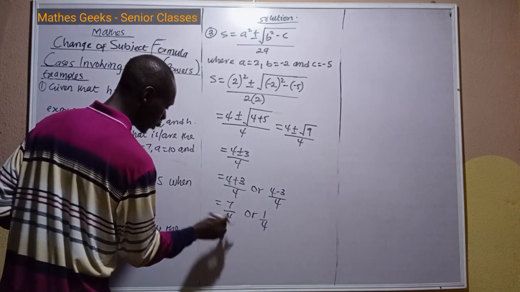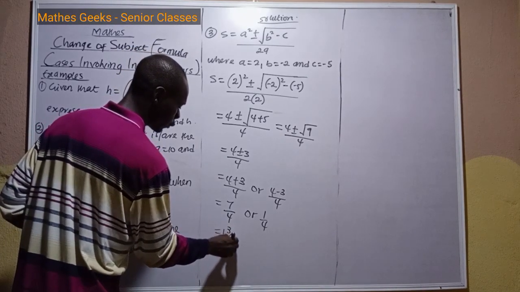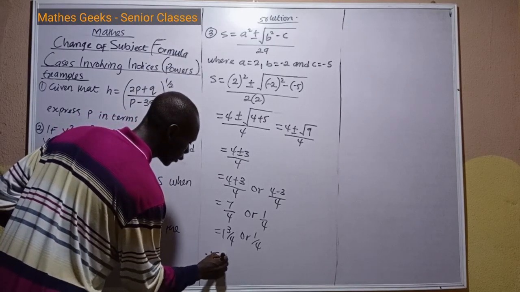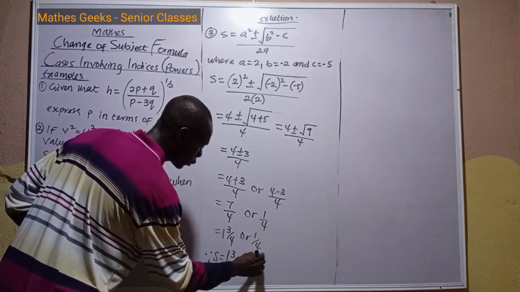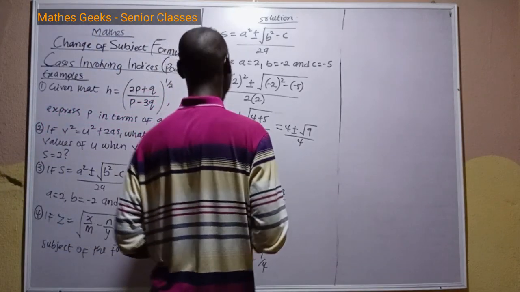Therefore, S is equal to 7 over 4, or 1 over 4.